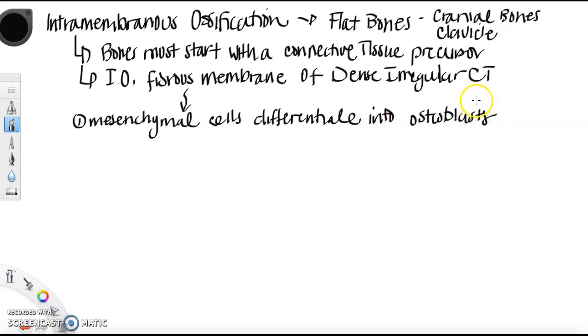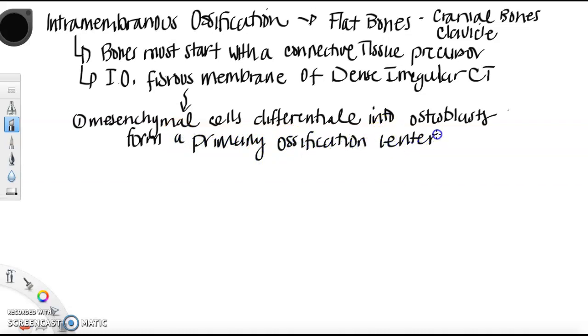We're forming bone. We need bone stuff. We need bone matrix. And these mesenchymal cells that turn into osteoblasts form not just an ossification center, but a primary ossification center.